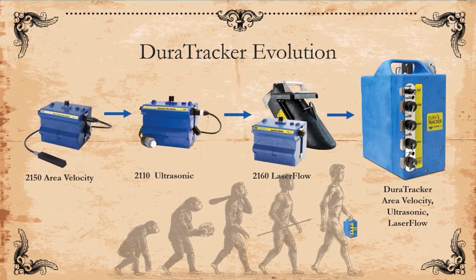The 2160 was designed as a LaserFlow module, and you could connect other TIENet sensors to that, but it was really designed much better in the DuraTracker. So now the DuraTracker is our final product, at least at this point. Again, connecting area velocity, ultrasonic, or even the LaserFlow sensor, as we discussed earlier. It's so easy, even a caveman can use it, as we illustrated down there.